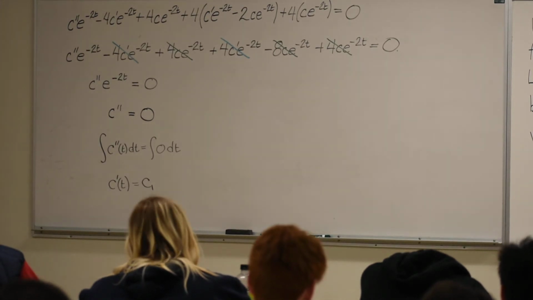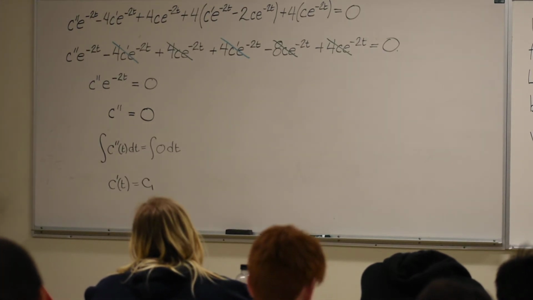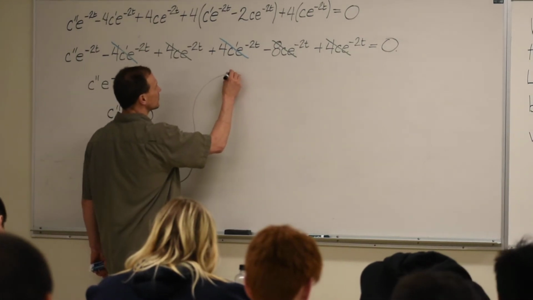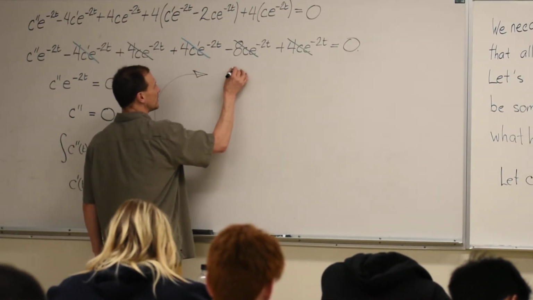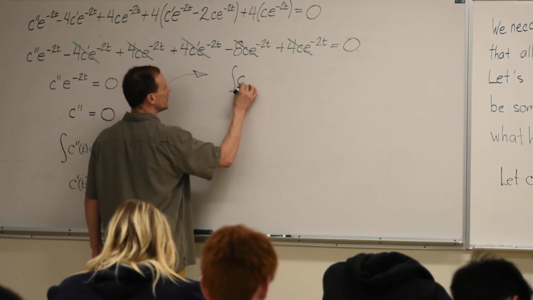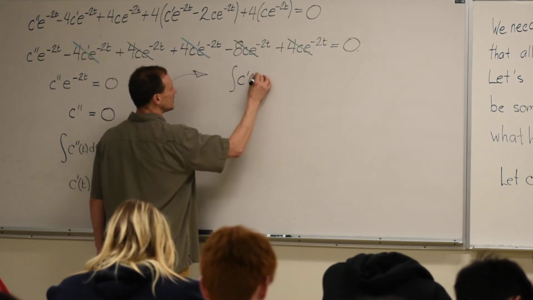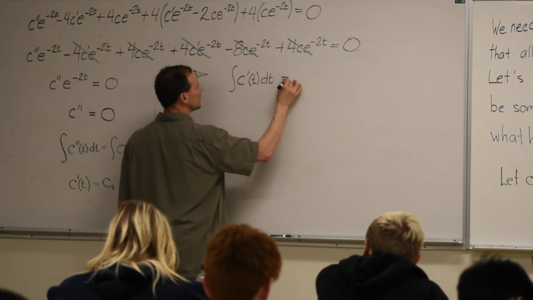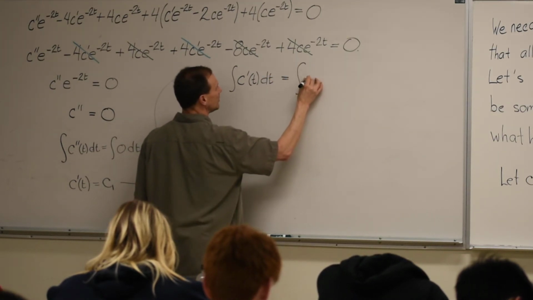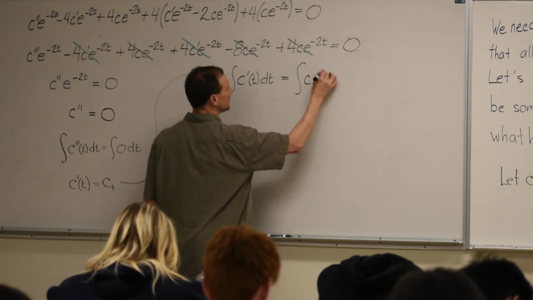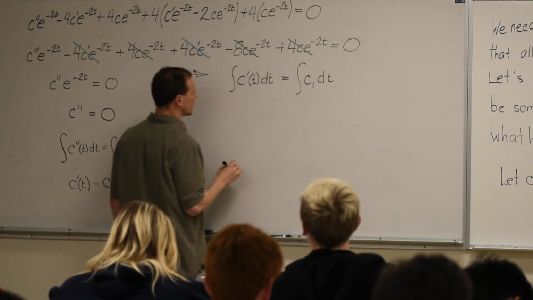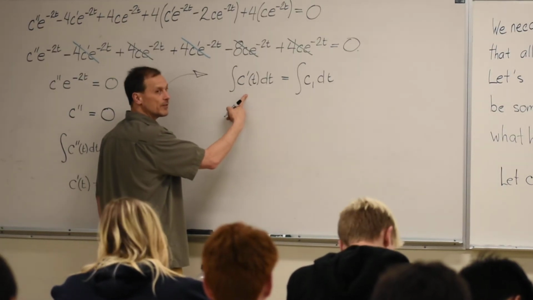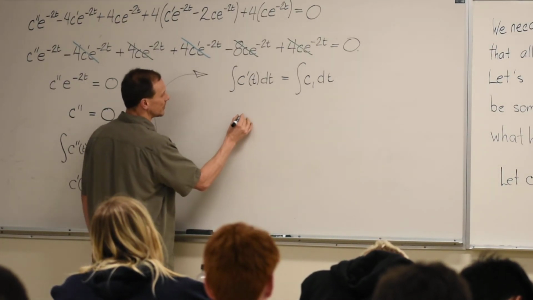Now what shall we do? The same thing. Let's come over here. So now I'm going to take the integral of C prime of t, and I'm going to take the integral of C1 dt. The integral of the derivative, that's the fundamental theorem of calculus.